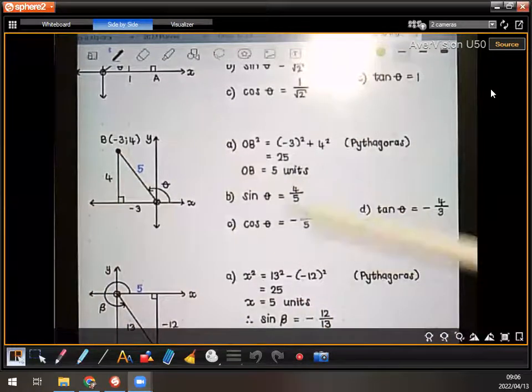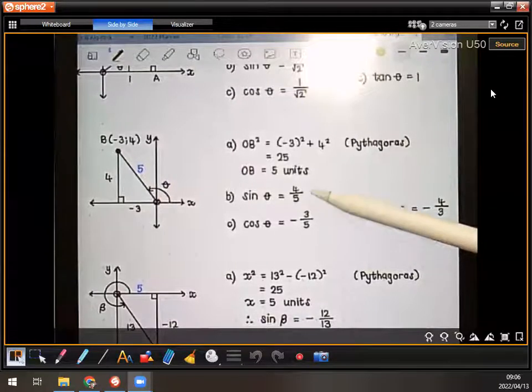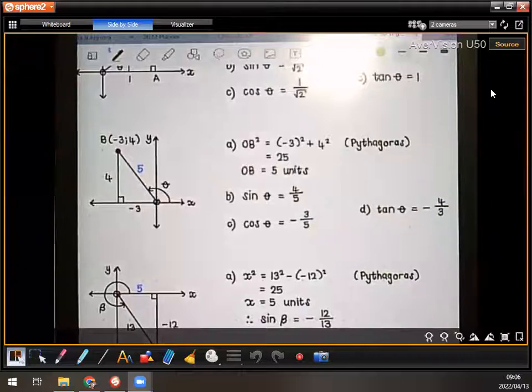Do we see that in our answers? Remember when we did our diagram, when we started trig in the Cartesian plane? In the first quadrant, all of them are positive. In the second quadrant, only sine. Which we see, we're getting a positive answer for sine, but cos and tan are both negative. And it will always be like that in the second quadrant. Any questions on that one?